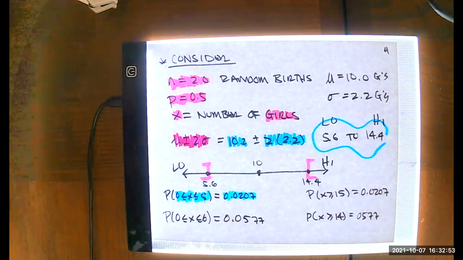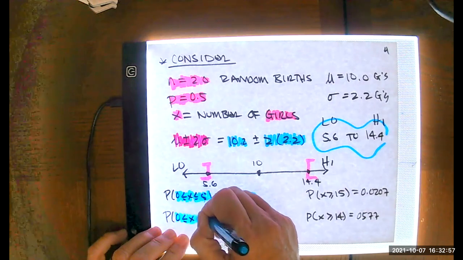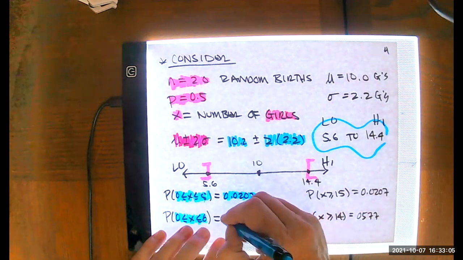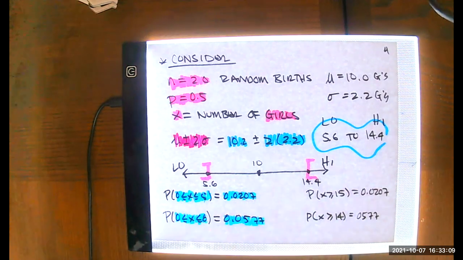Then I'm going to run the same calculation, but 0 to 6 girls in the 20 random births, and that probability will come out to something like this. So let me go ahead and jump over to my calculator and share my screen so I can run these keystrokes for y'all one more time.